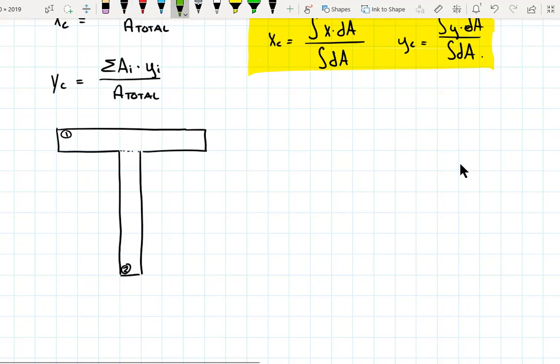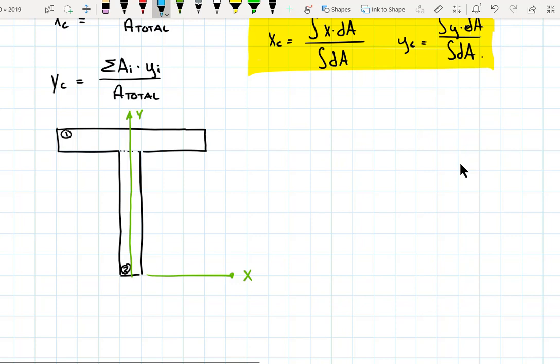We'll put the x-axis here. Since we do have symmetry, let's put the y-axis right down that line of symmetry so that we don't have to worry about calculating where x sub c should be. It's just going to be somewhere on that y-axis. We just need to know how high up it is, and so we need to calculate y sub c.